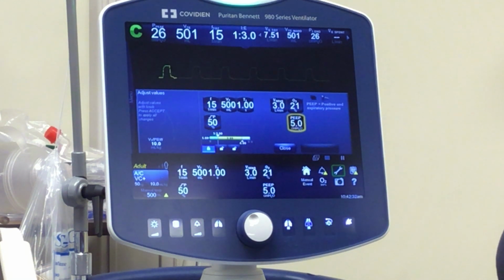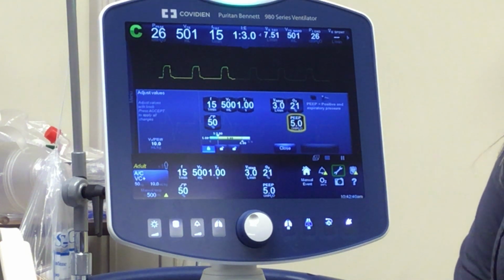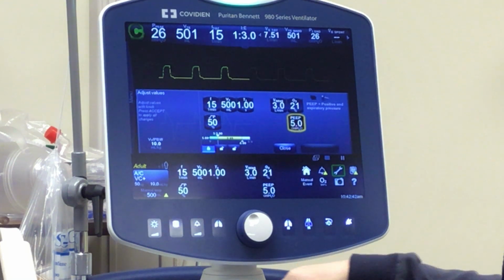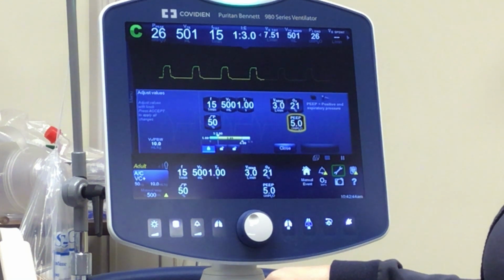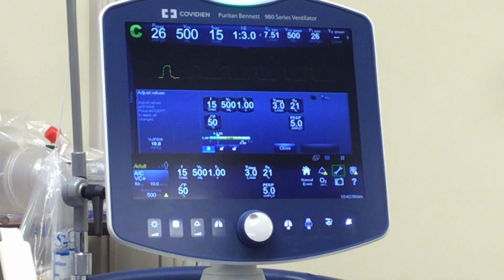For any kind of oxygenation issue, you want to try to adjust your FiO2 first. You would max out your FiO2, and then your second choice would be to increase your PEEP.